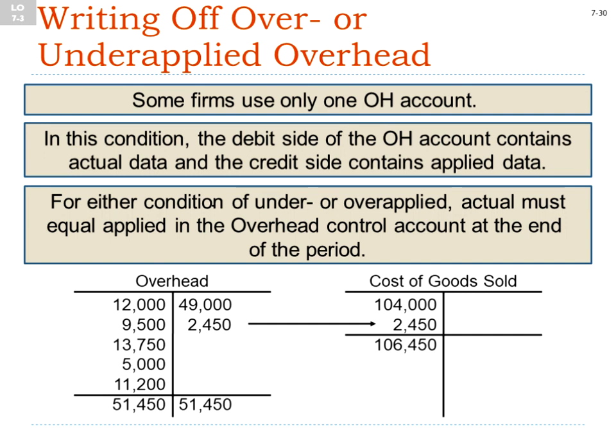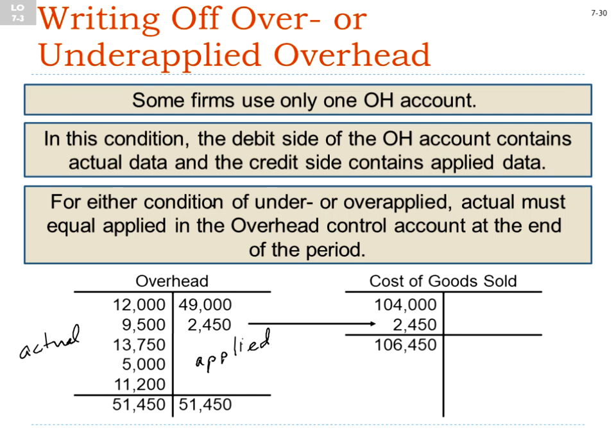Now, some firms only have one overhead account. Instead of having applied overhead and manufacturing overhead control accounts, instead of having two, they'll just have one. And when they have one, on the left side is going to be your actual overhead, and on the right side, that's going to be your applied overhead. So again, ideally, the left side is going to balance with the right side.